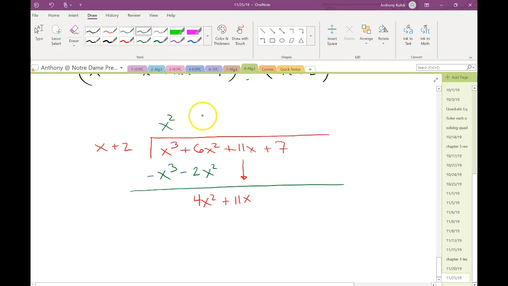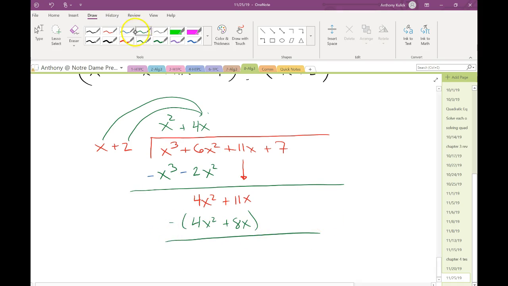And we're going to do it again. We're going to ask what times x gives me 4x squared. Very good. So we'll write plus 4x there. And then we're going to multiply that 4x by everything in the divisor. That'll give me 4x squared plus 8x, and then I subtract.